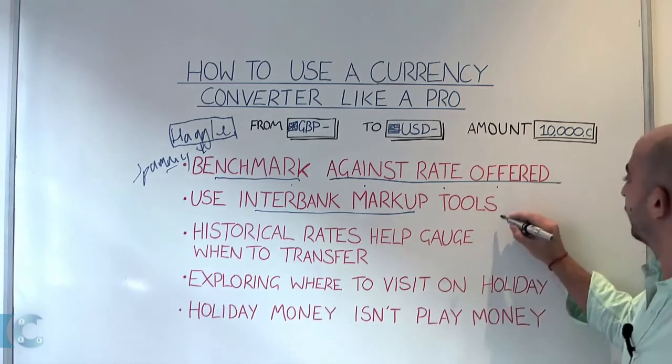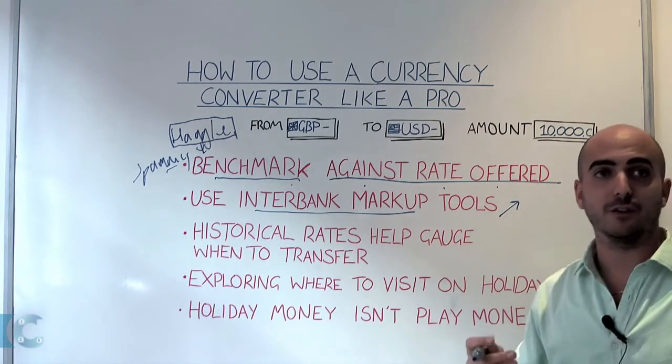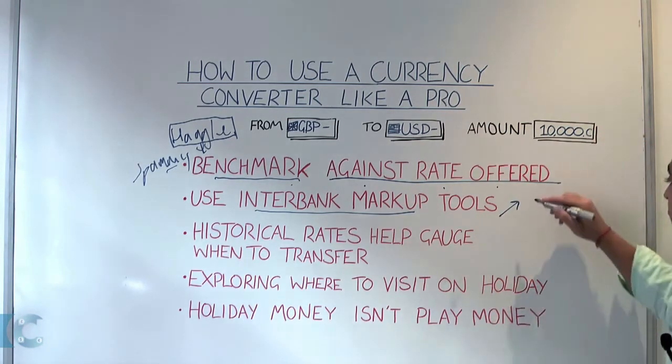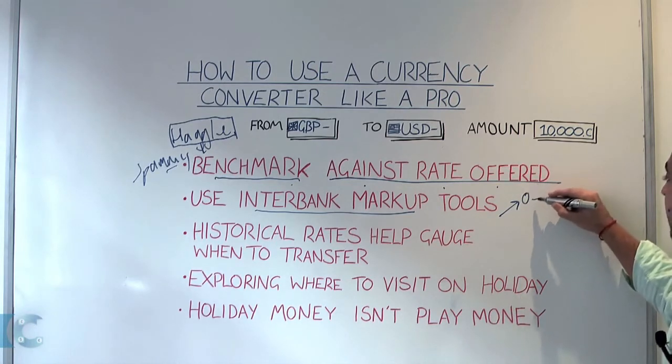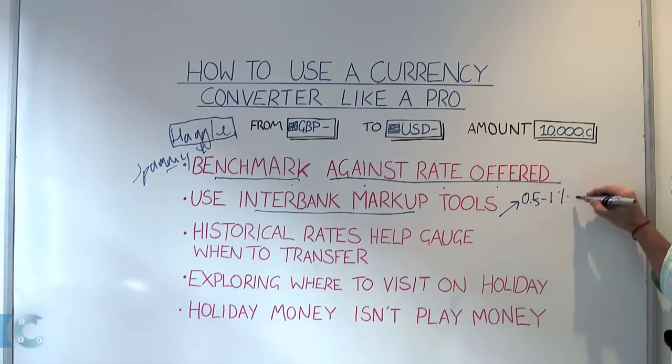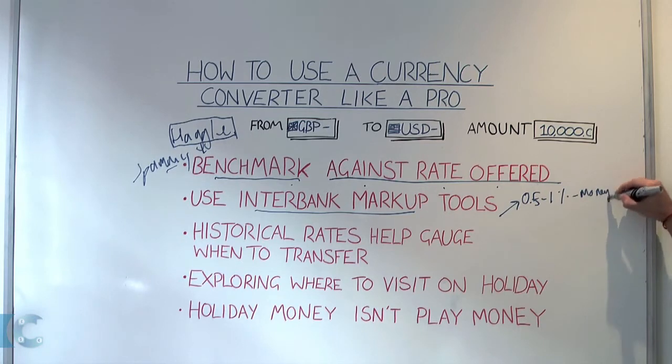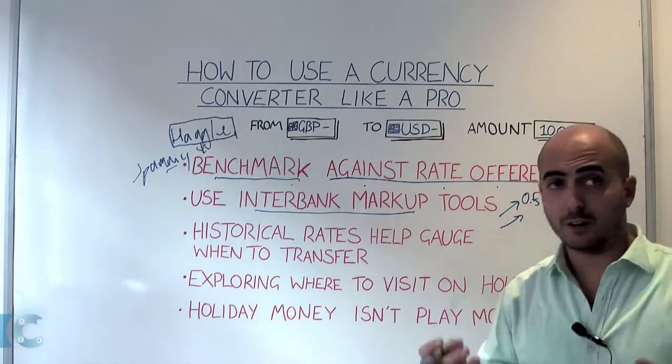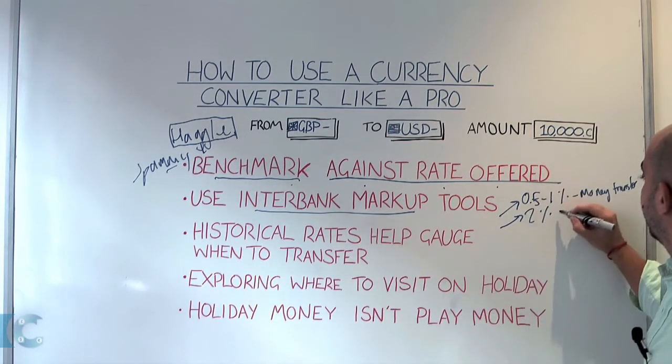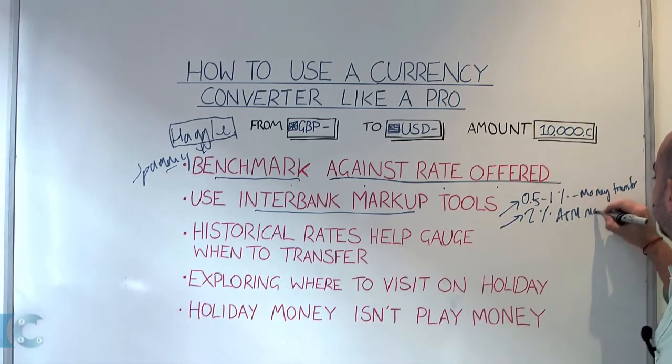So just running through these, typically you could forecast that between 0.5 to 1% is the average money transfer markup. Moving on from that, around 2% is the average ATM markup.